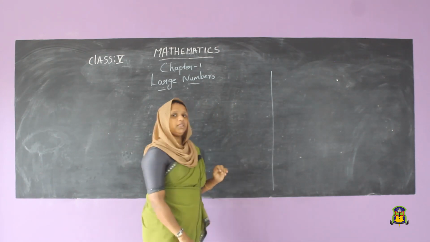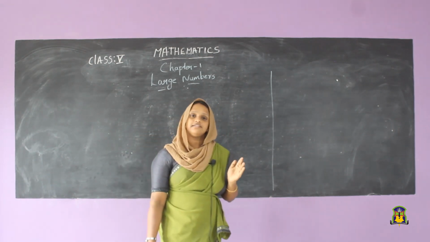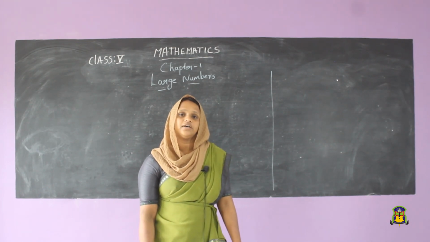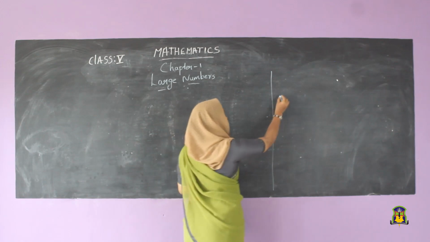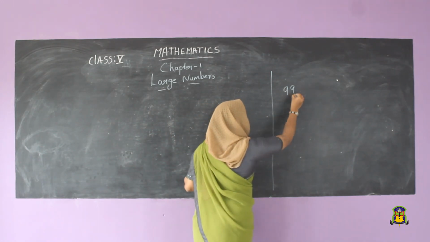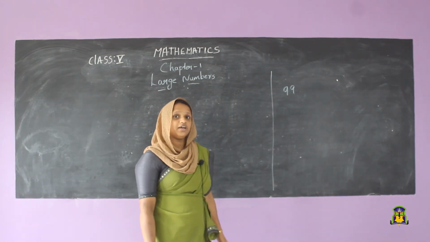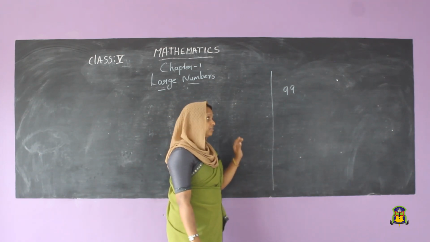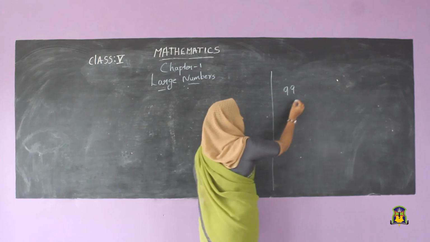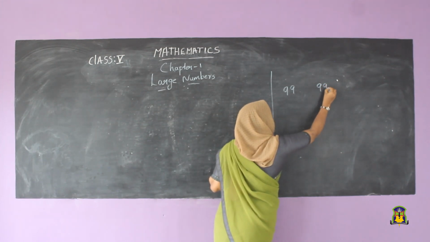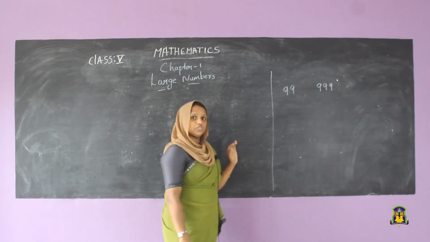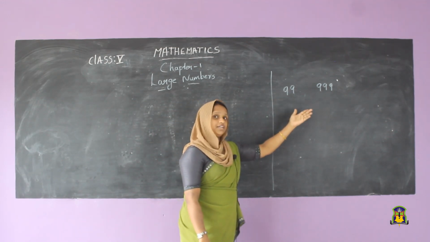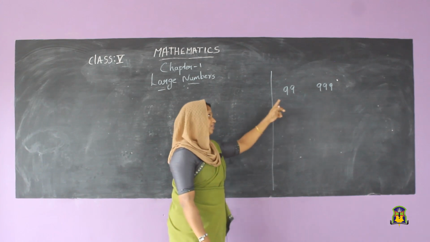Yes, we know the largest 2-digit number. Which is the largest 2-digit number? It is 99. And the largest 3-digit number is 999.